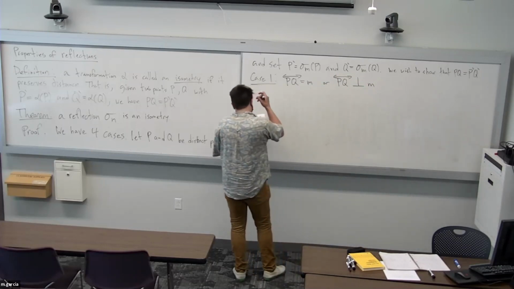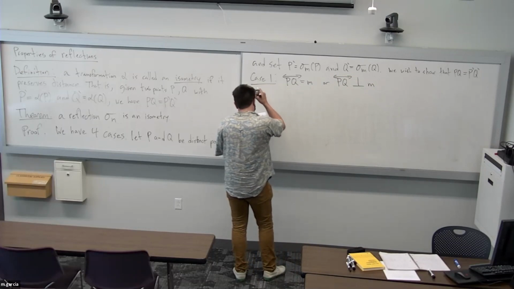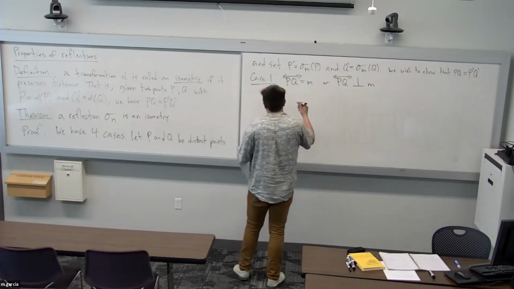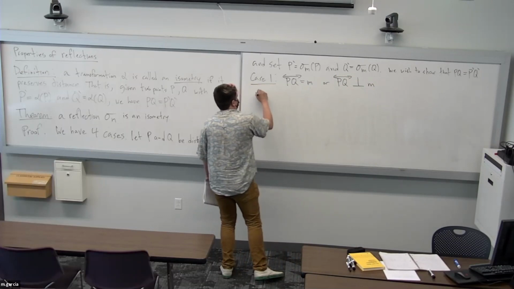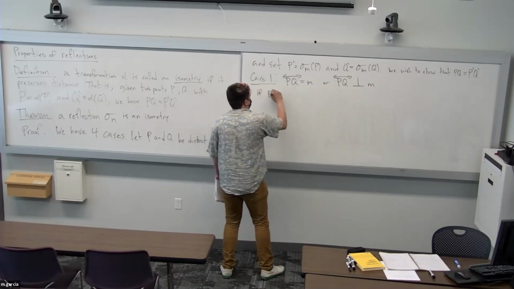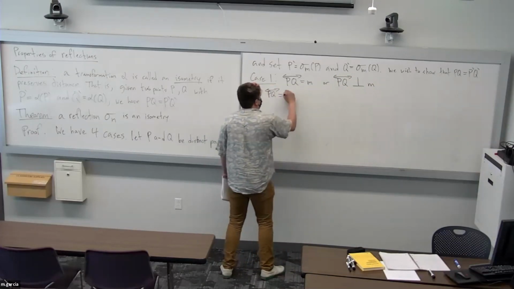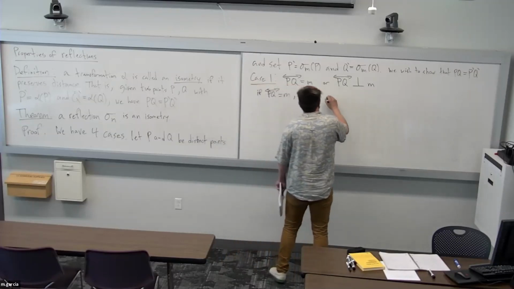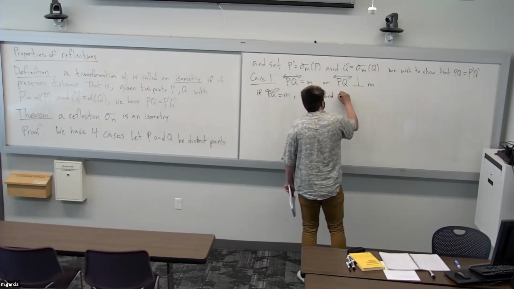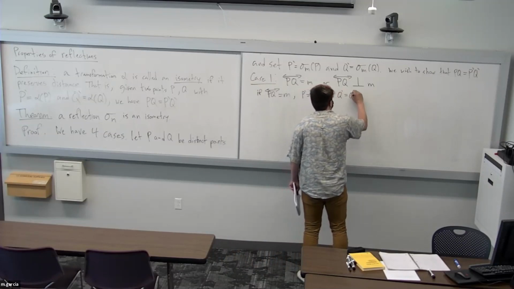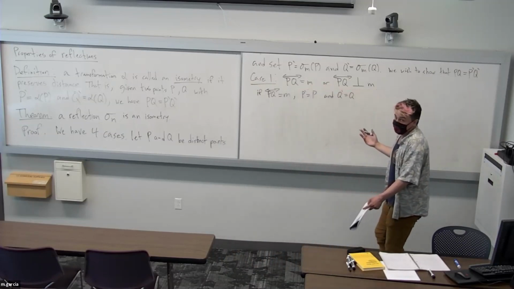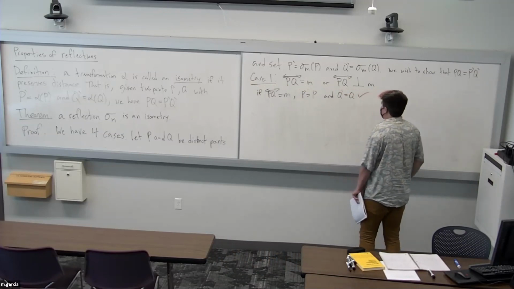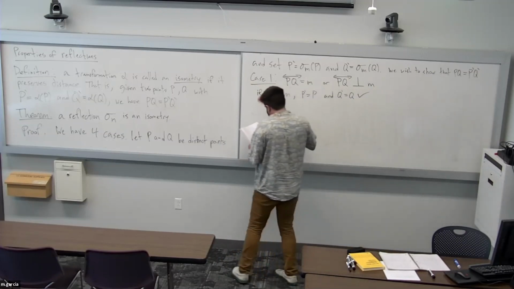So, if PQ is equal to M, P prime is equal to P, and Q prime is equal to Q, and we're done.